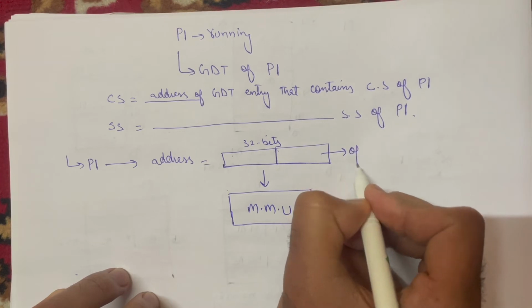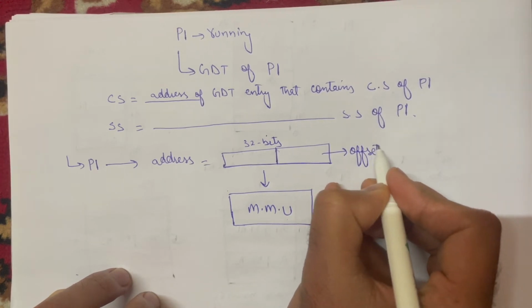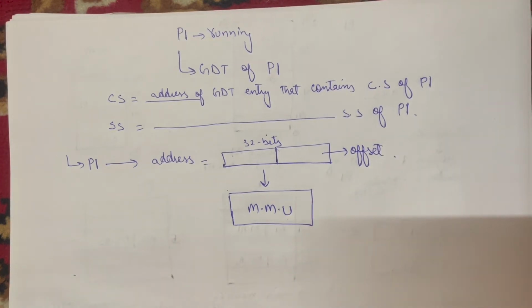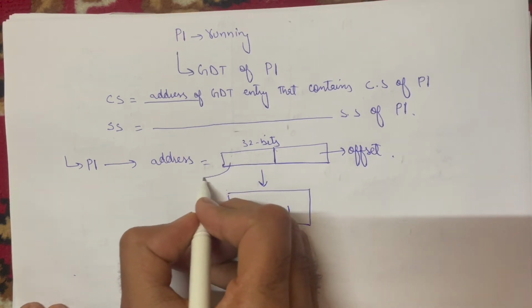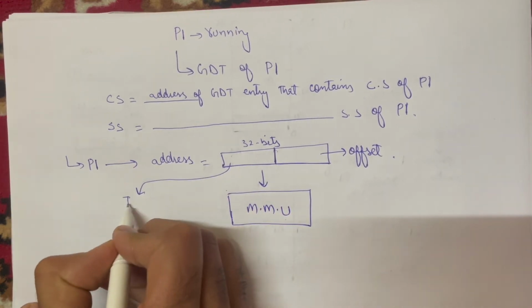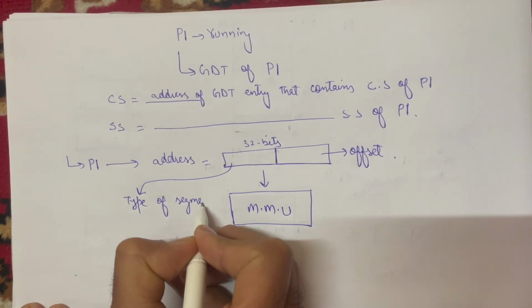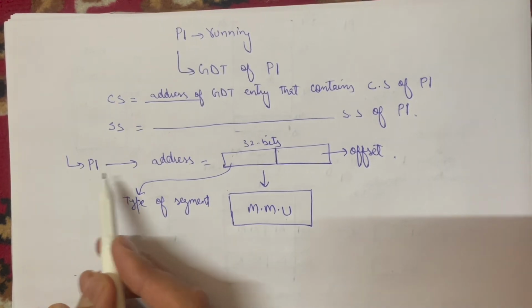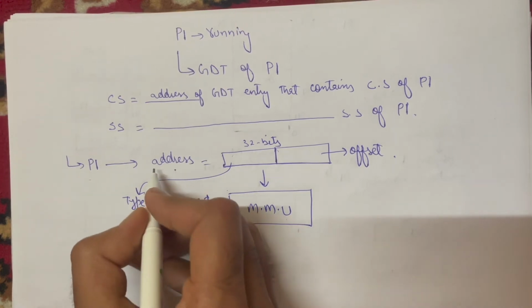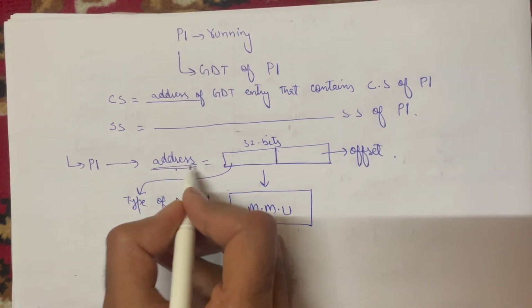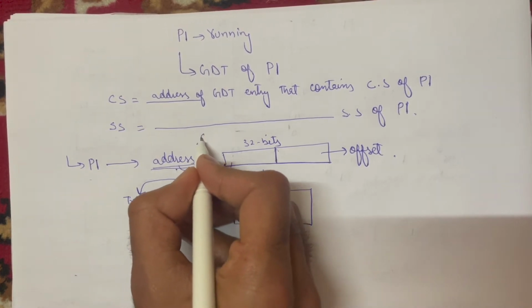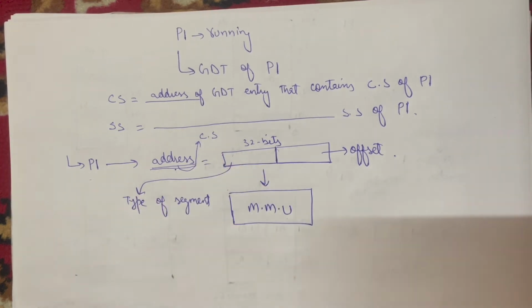The second part will be the offset, and the first part determines the type of segment. So let's suppose P1 has generated an address and this particular address belongs to a code segment.